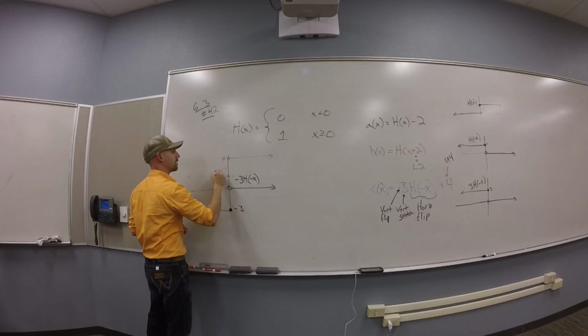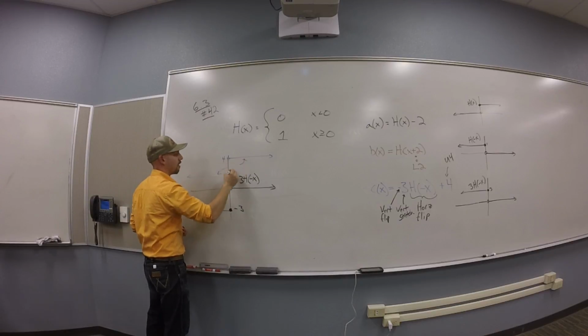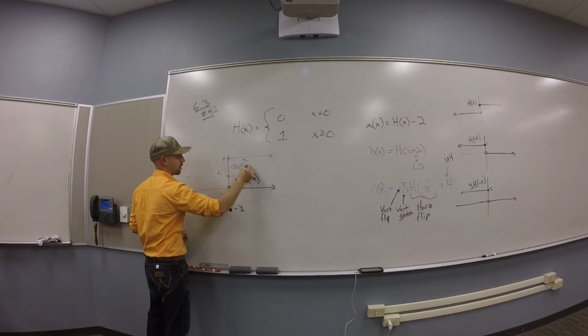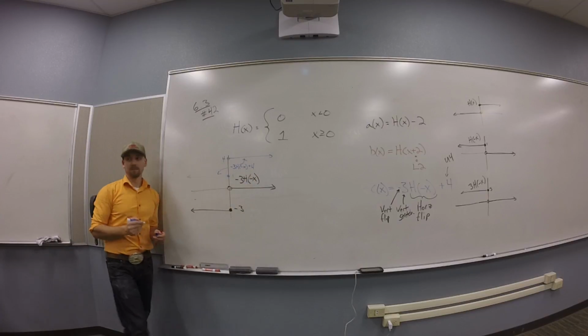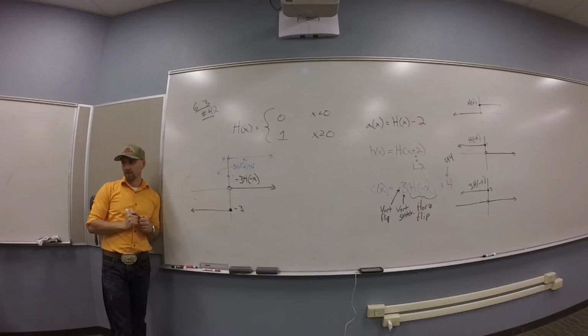So the blue bits, right, are -3h of -x plus 4. Bam. Done. Cool? Questions, concerns, Steele? Not about this. Cool.